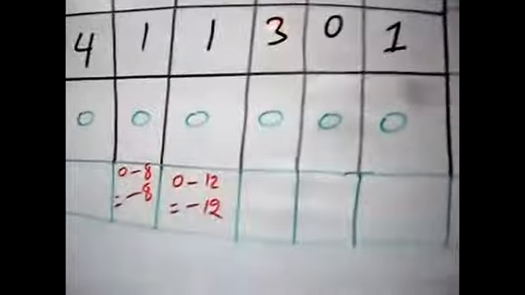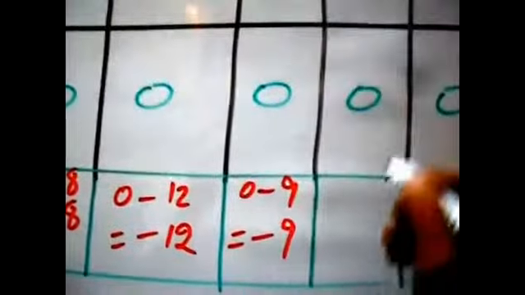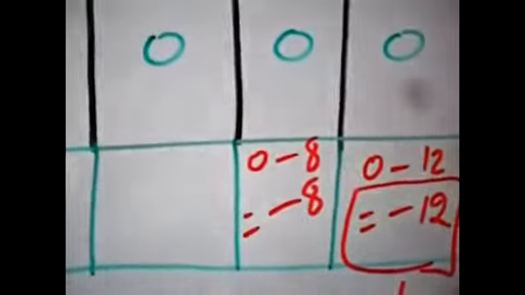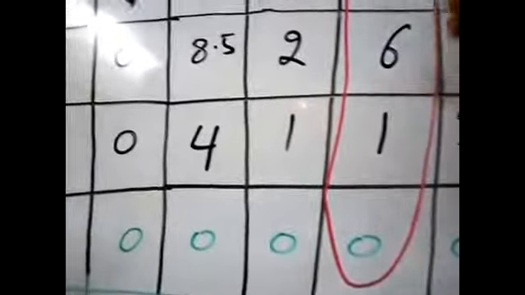Minus 12 is the least. So this column will be the base for calculating the ratio.